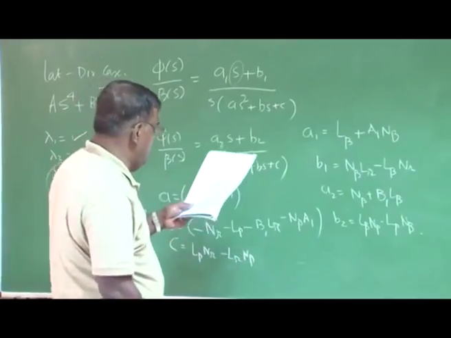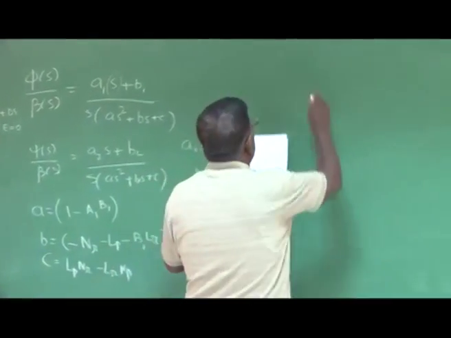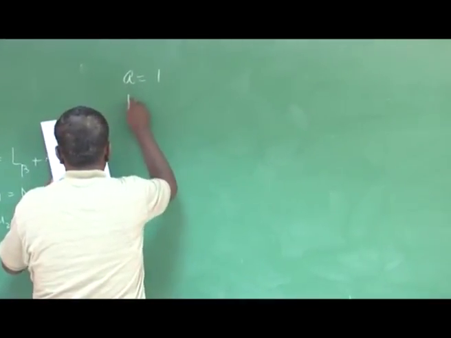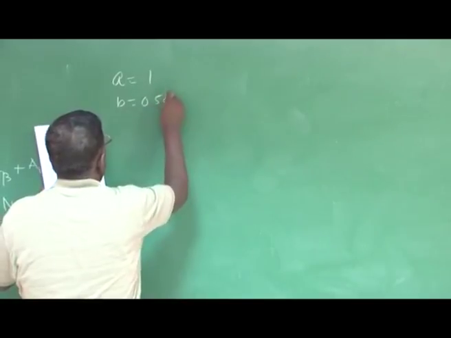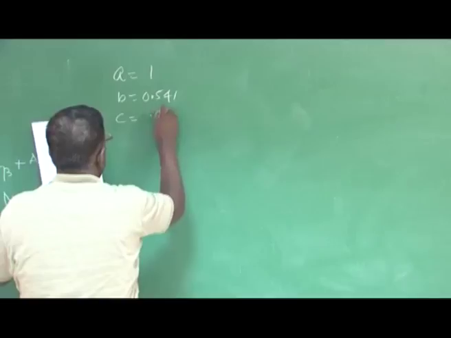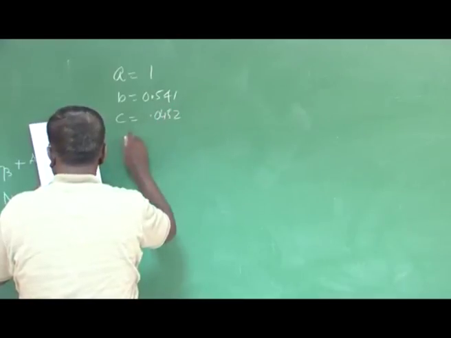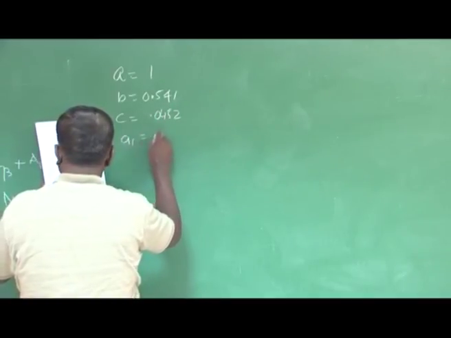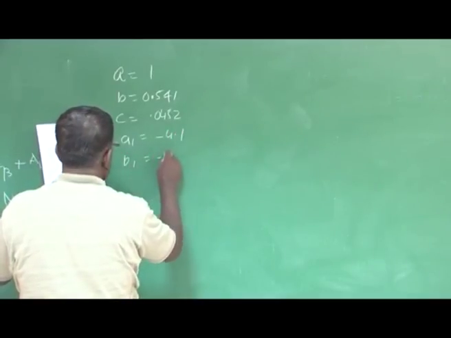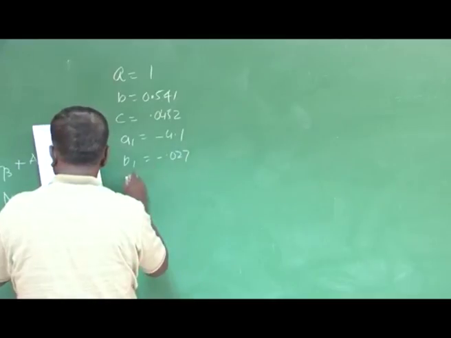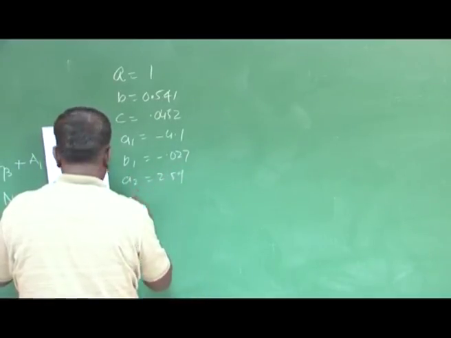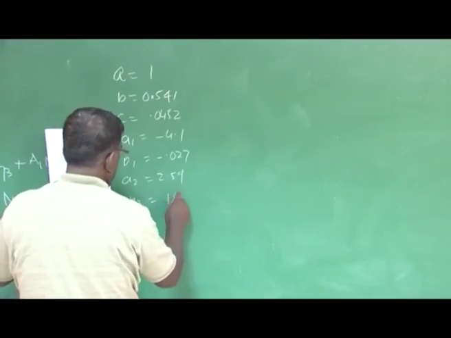Let us say for a particular airplane, the value of A has come around 1, B is 0.541, then C is 0.0452, then A1 is minus 4.1, B1 is minus 0.027, A2 is 2.59, and B2 is 1.130.